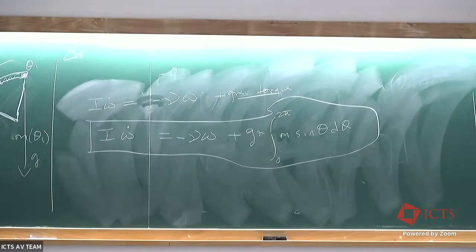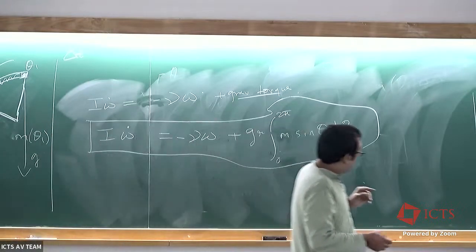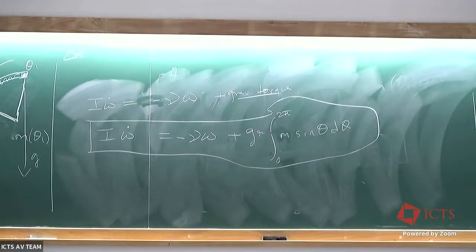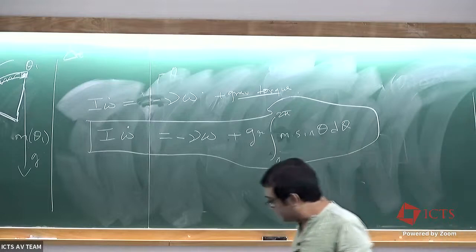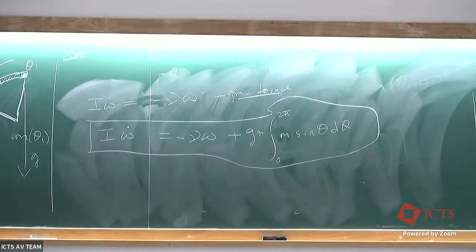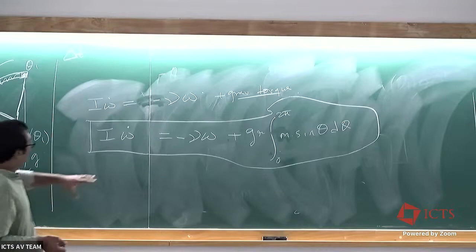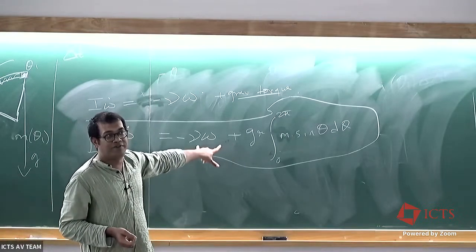Whether I turn left or I turn right is completely dependent on initial conditions. All right, so there is a symmetry breaking which is happening, but that symmetry breaking is an initial-condition-dictated one.